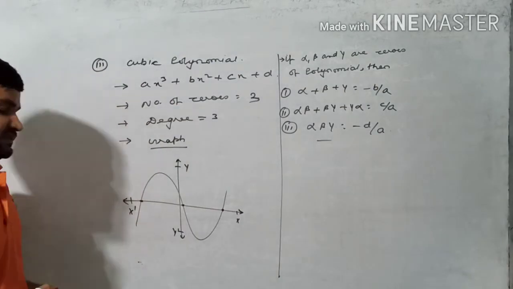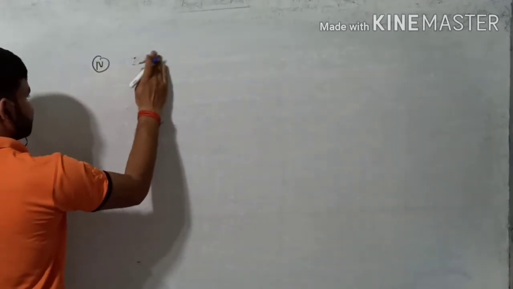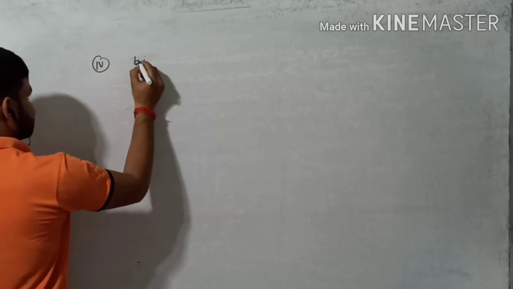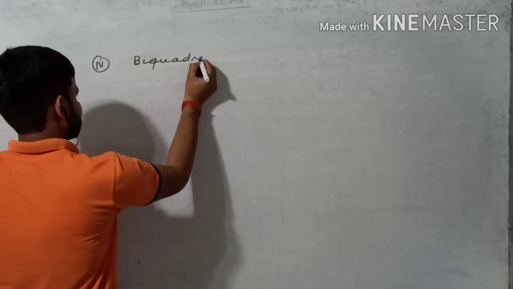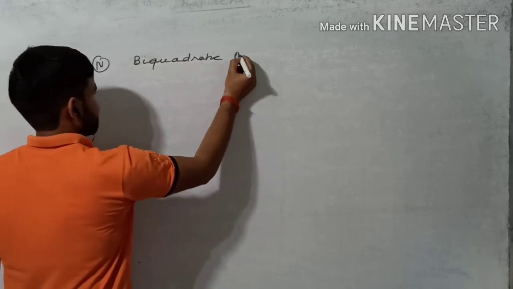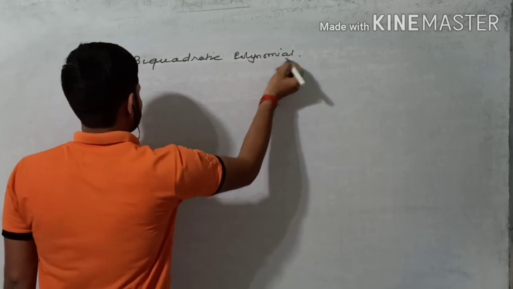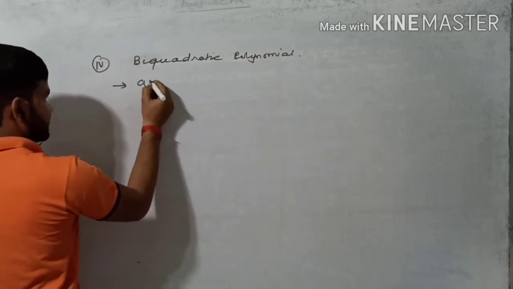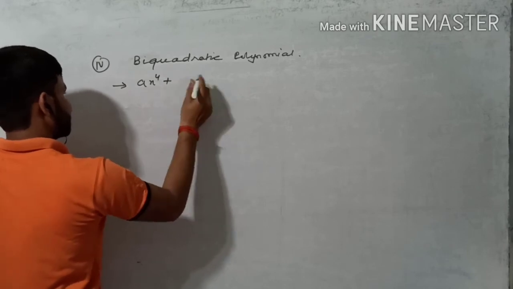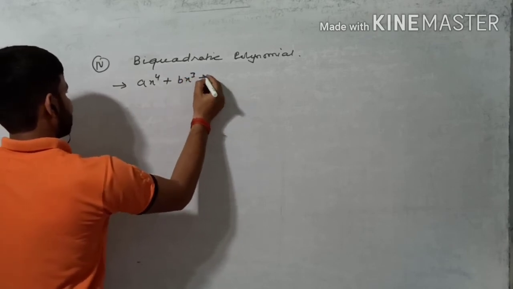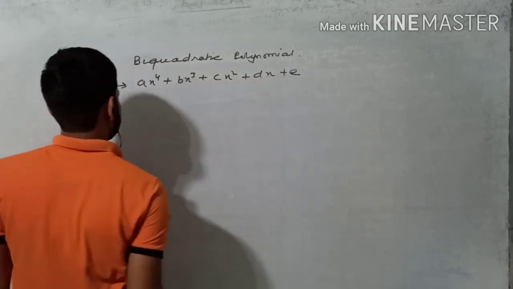And last polynomial is biquadratic. The standard form of a biquadratic polynomial is ax to the power 4 plus bx cube plus cx square plus dx plus e.